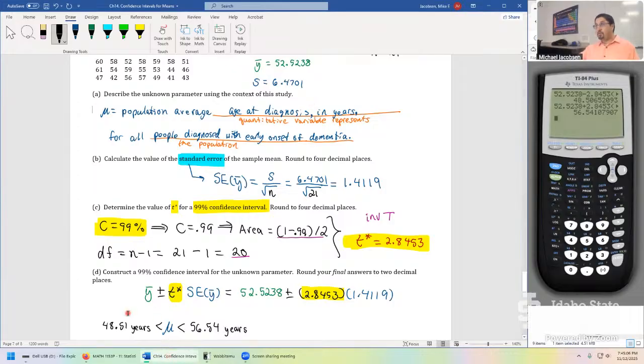We're saying that for everybody with a diagnosis that suffers from this condition, we think their average age of diagnosis is between as early as 48 and a half years old to about 56 and a half years old. That's a pretty big width to our interval. But remember, the sample size was kind of small. There's just 21 people in this study. That's one reason the interval is so wide. But it's also wide because we're going for a high level of confidence.